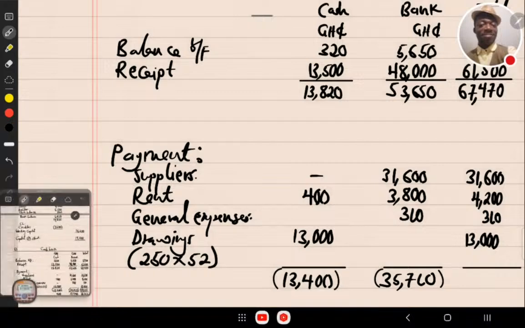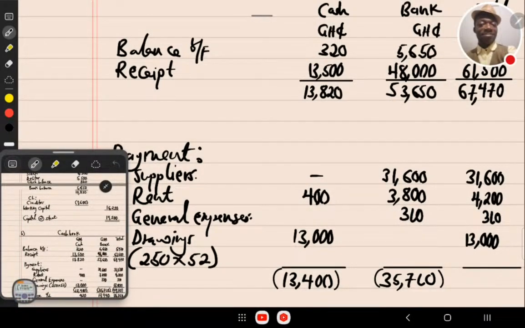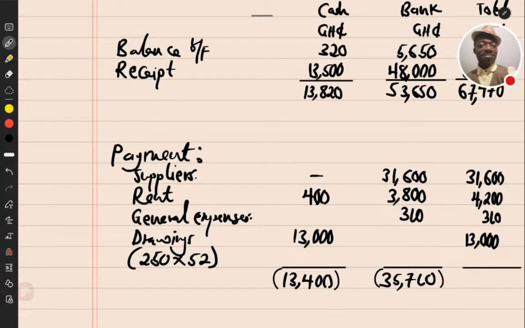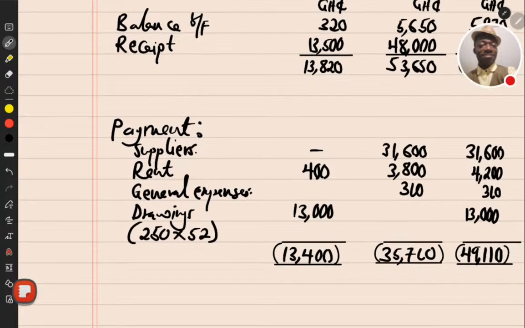Let's see what I had in total. Yeah, in total I had 49,110. Just also want to subtract that from the receipt figure. And whatever we get becomes the balancing figure as at the year 2023.